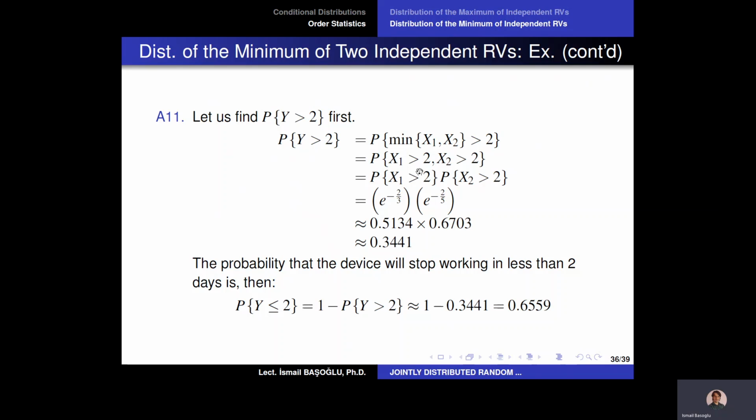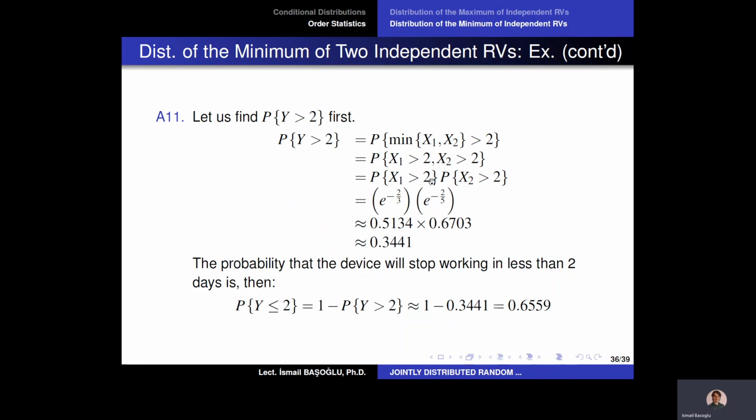And since the lifetimes of the batteries are independent, we can rewrite this joint probability as the probability of X1 being greater than 2 times the probability of X2 being greater than 2. Now, both X1 and X2 are exponential random variables, and such tail probabilities can be computed by the tail probability function, which is e to the power minus lambda x.